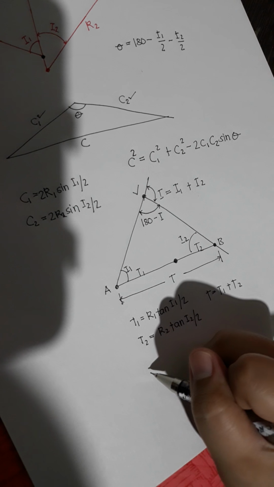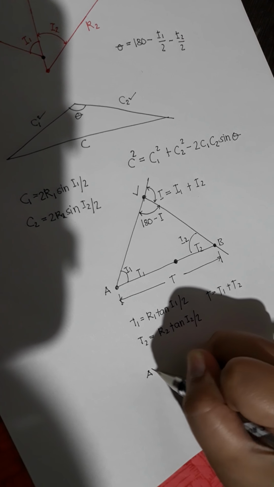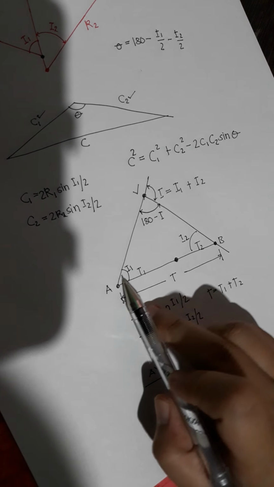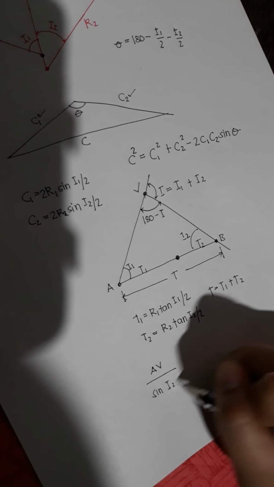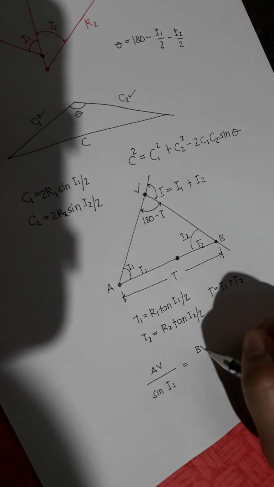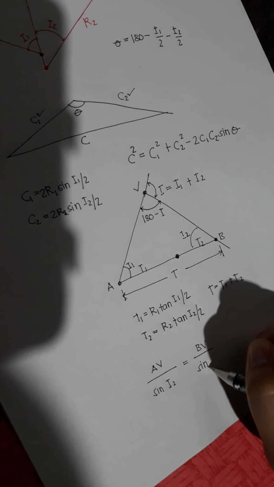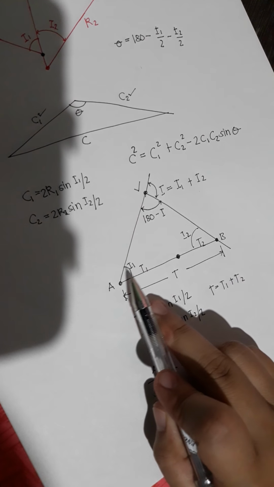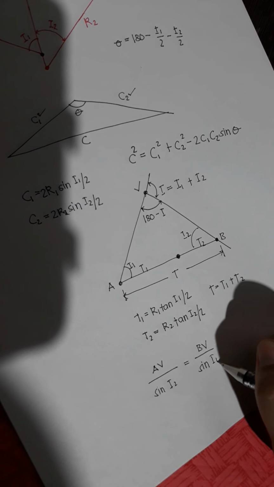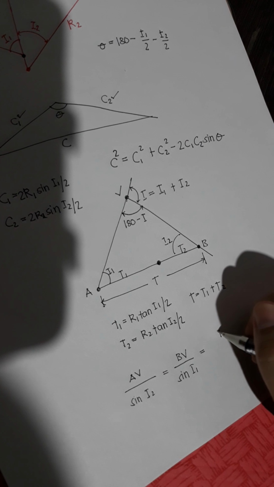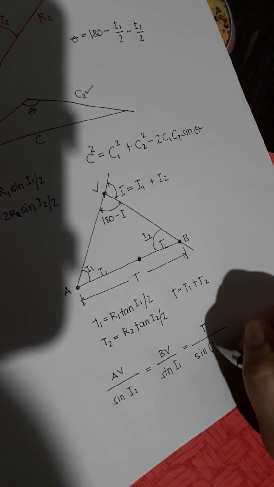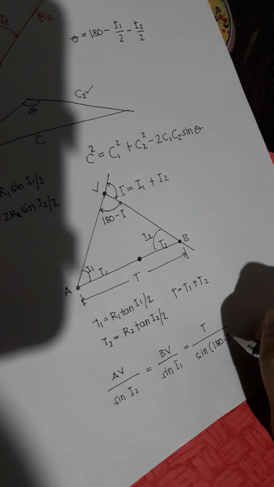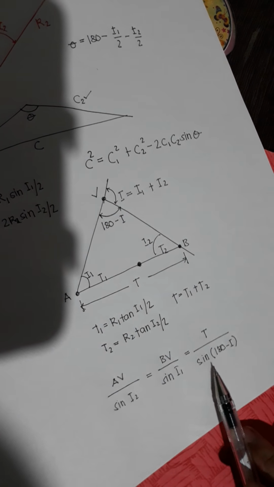In this case, for us to get AV and BV, we use sine law. We have AV, and the opposite angle of AV is I2. So AV over sine of I2 equals BV over sine of I1, the opposite angle of BV, equals the common tangent T over sine of 180 degrees minus the angle I, where I is equal to I1 plus I2.